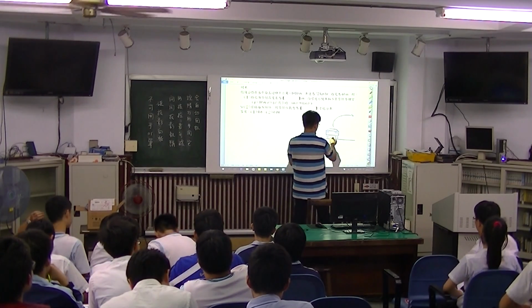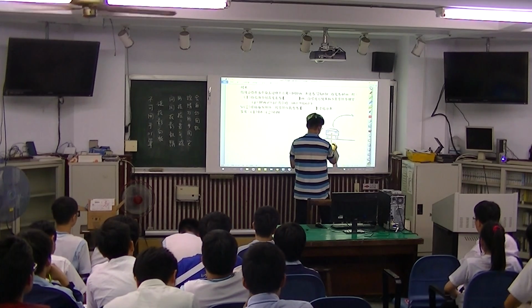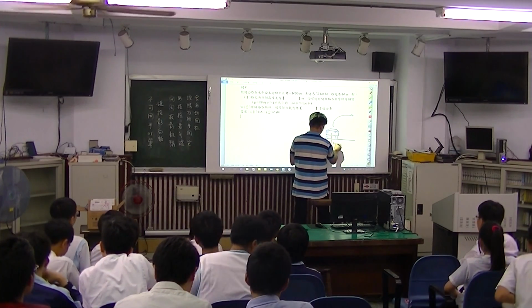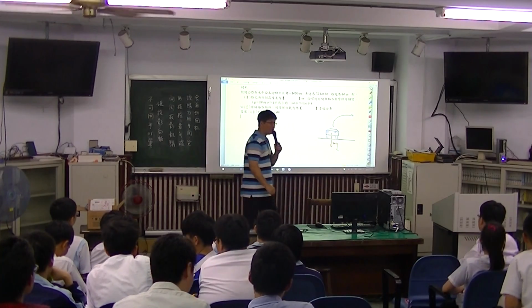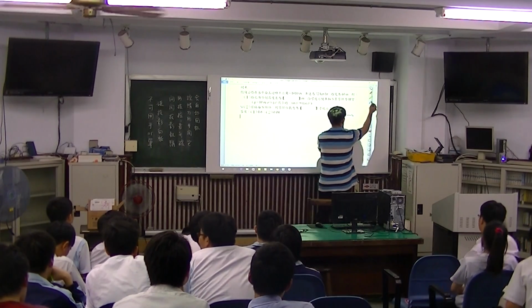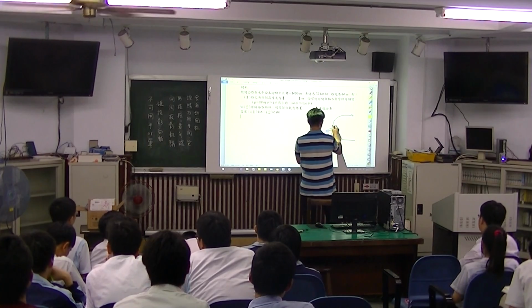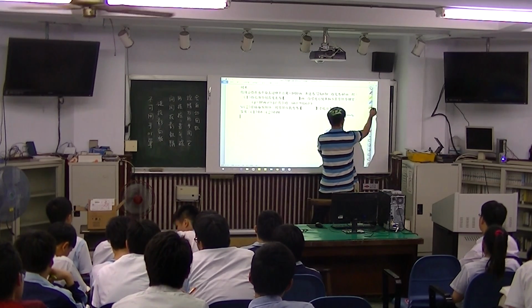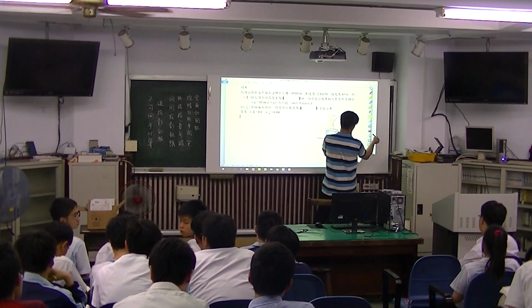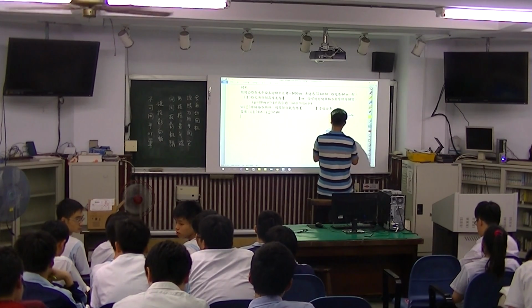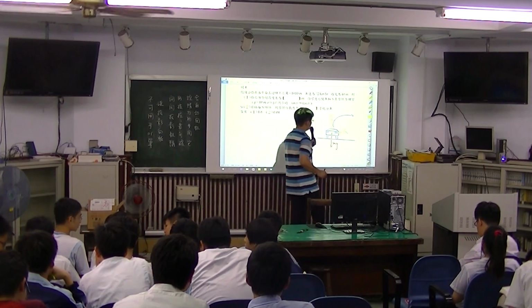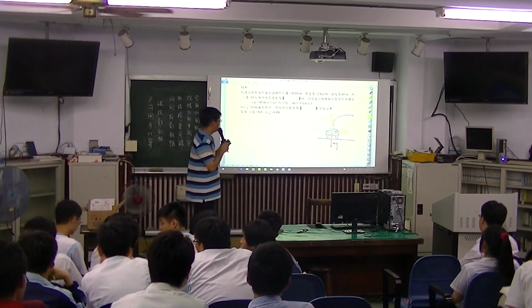So first we have to draw the free body diagram. This is the gravitational force, another one is the normal force, and this is the friction force here.